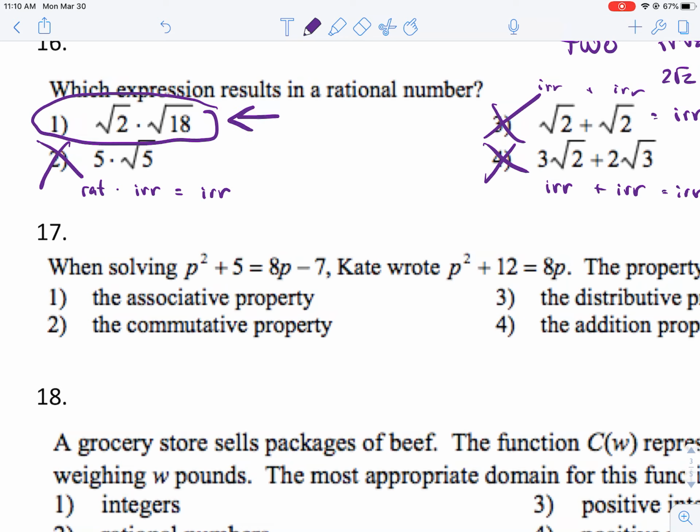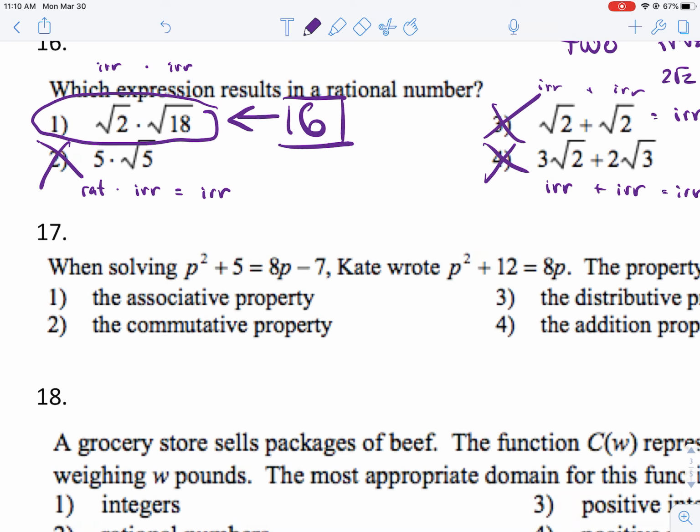Now, we haven't really talked about simplifying radicals, but if you were to plug this into your calculator, you would get the square root of 2 times the square root of 18, and you get 6.